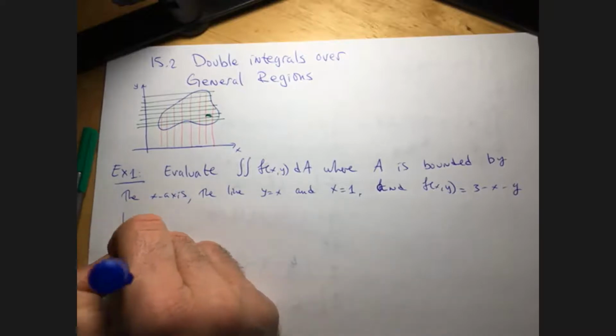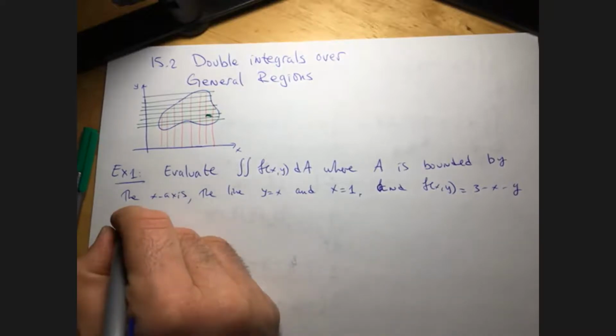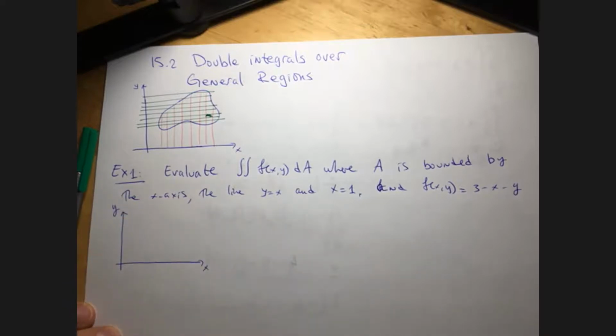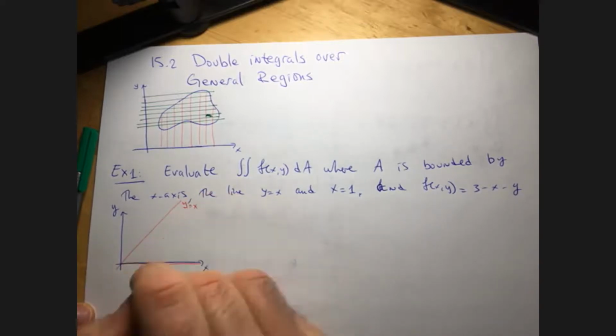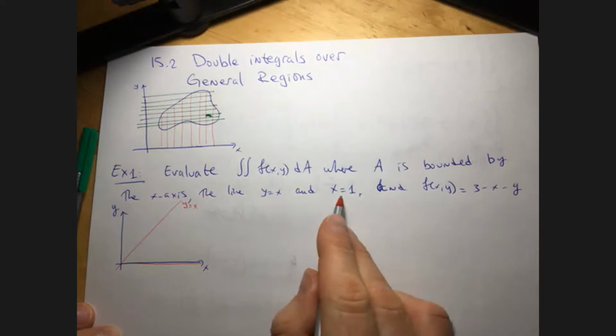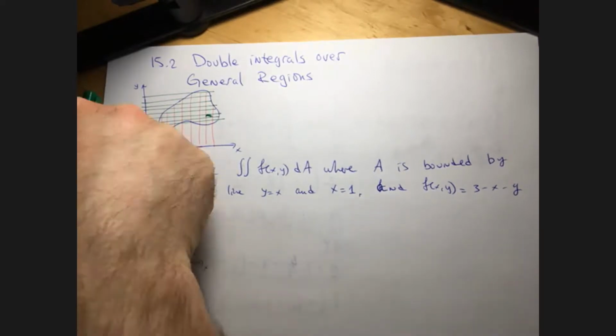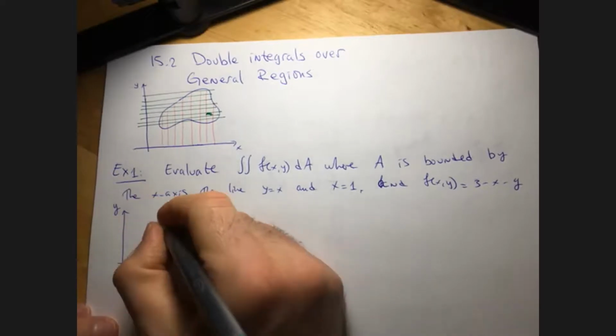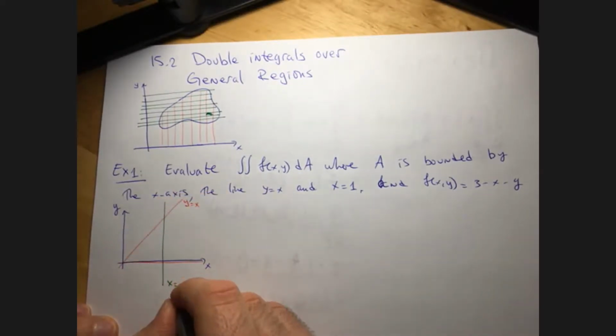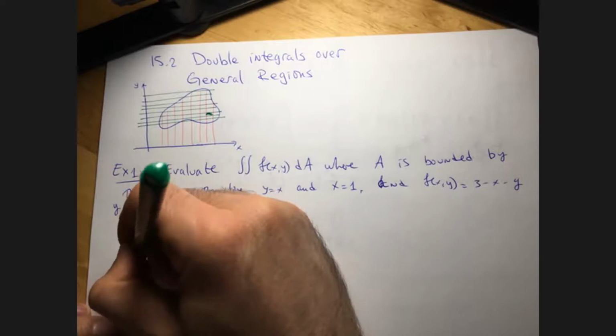So first of all, let's find the region over which we're integrating. It's bounded by the x-axis, the line x is equal to y, and the line x is equal to 1. So I'm integrating above this region.